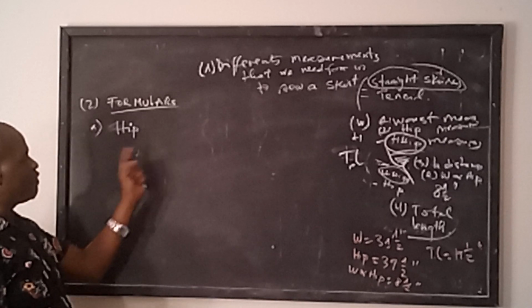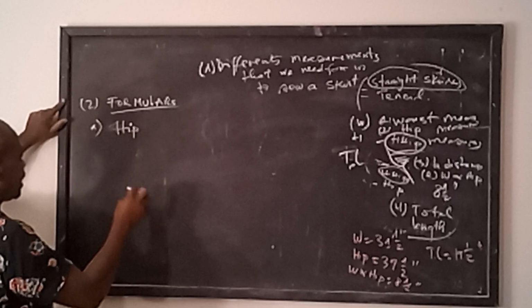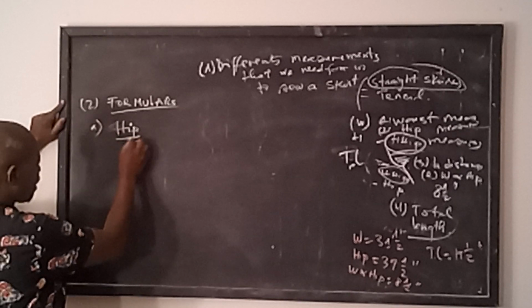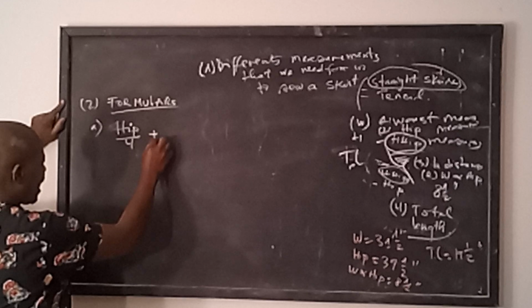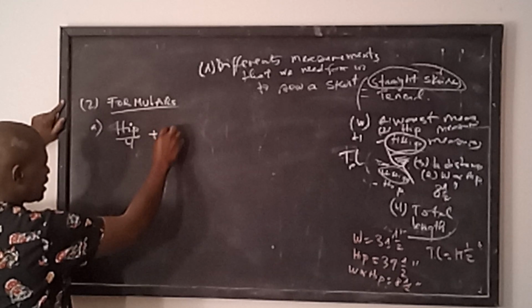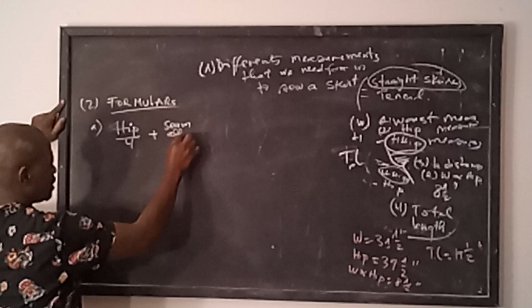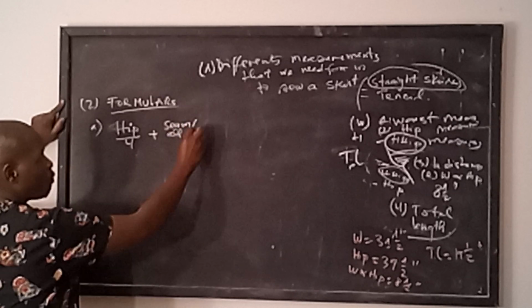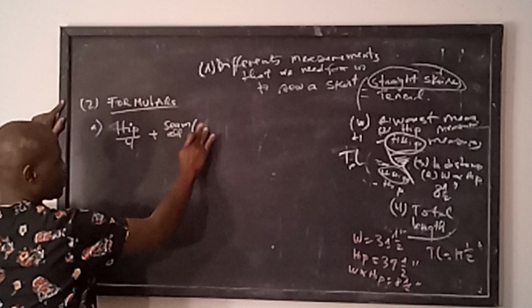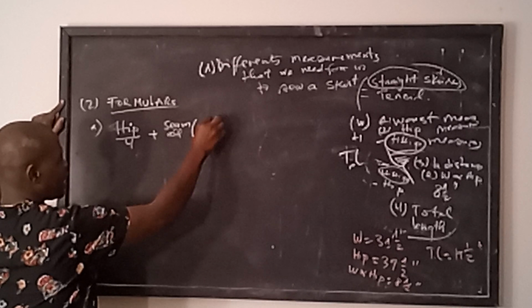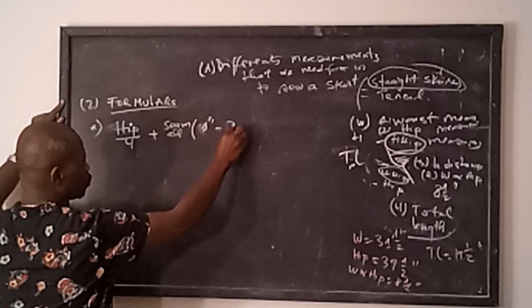Let me go with the formula, then I'll explain. We do hip divided by 4, plus the seam allowance. Generally, let's say 1 inch can go to 2 inches.